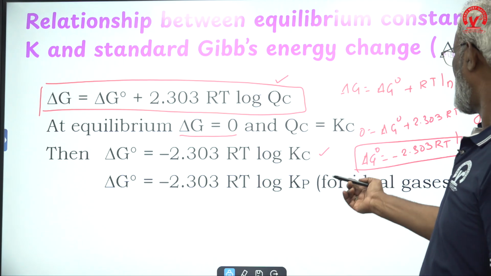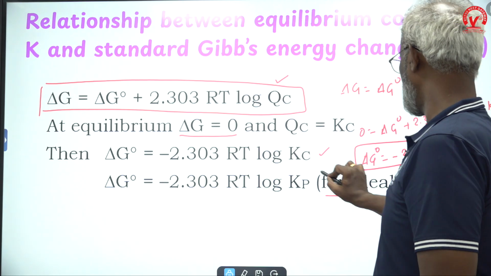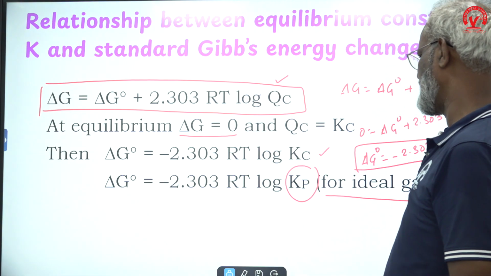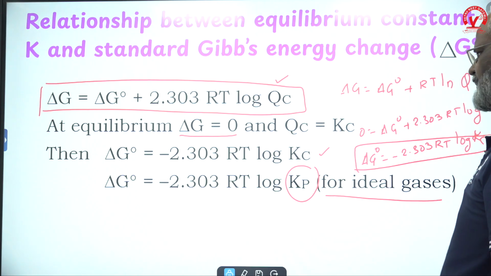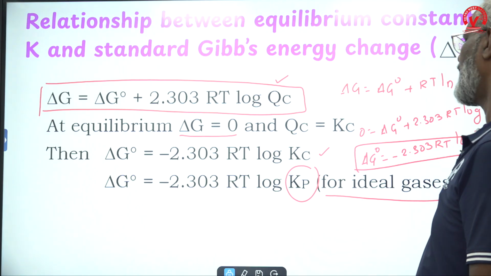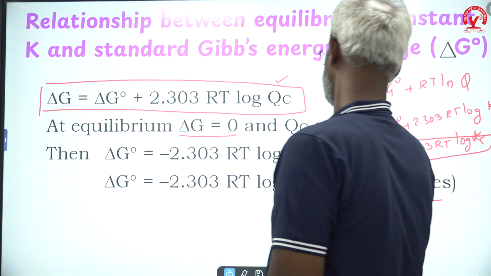As you know, for gases, we can also use Kp instead of Kc. So delta G naught will be equal to minus 2.303 RT log Kp.